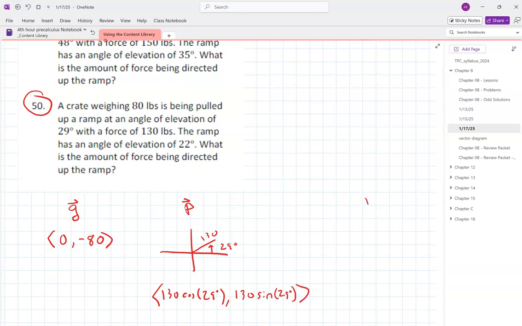And then I have a vector from the ramp. We're not told the magnitude for that ramp, so I'll just assume it's 1.